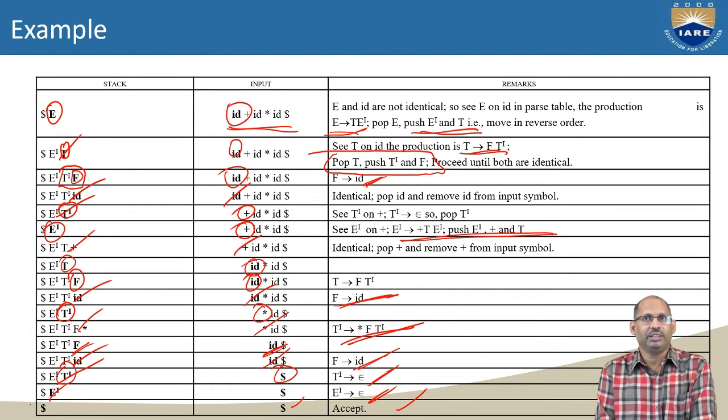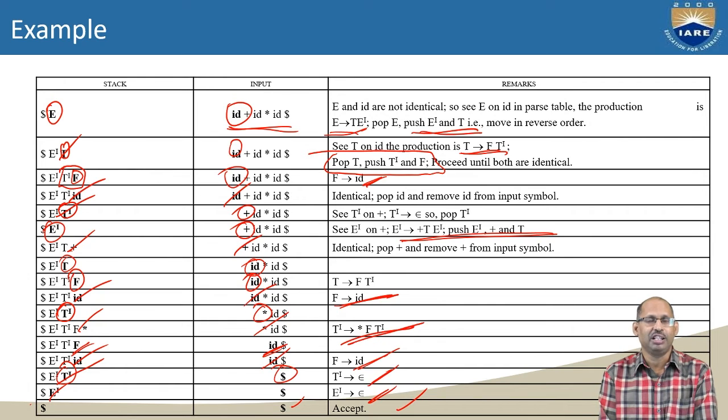We are considering the top of the stack, the non-terminal, and the input symbol, the terminal symbol. We are verifying the parsing table. In the parsing table, we specified the respective production. Then we will perform the respective action. Pop the non-terminal and store the right side of the production. Then we will continue.